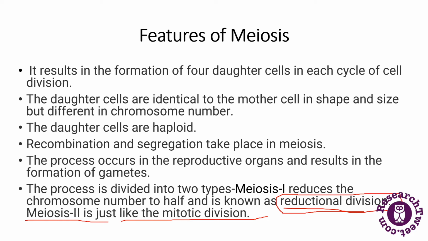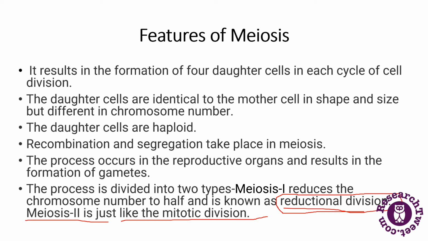Prophase 1 has five substages: leptotene, zygotene, pachytene, diplotene and diakinesis. Then anaphase, metaphase and telophase follow, which leads to the production of the daughter cells. The chromosome number is half, which is why it is known as the reductional division.